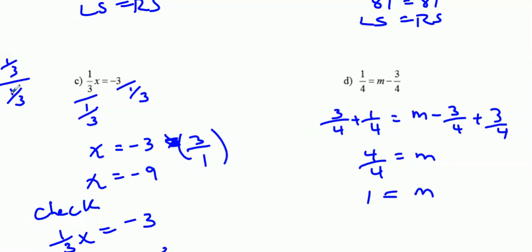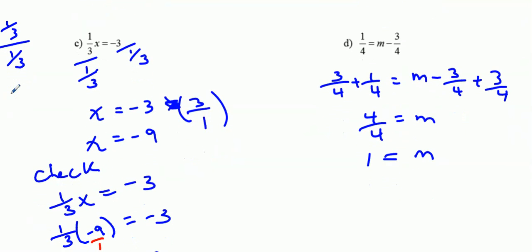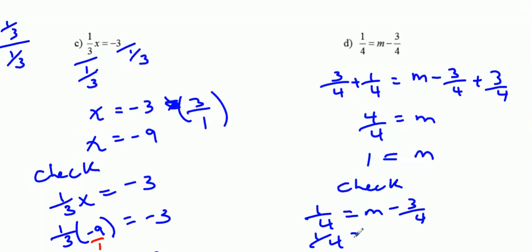I'm going to check that by substituting back into my original equation, and I would get 1/4 equals m minus 3/4, and then m is 1, so 1 minus 3/4.